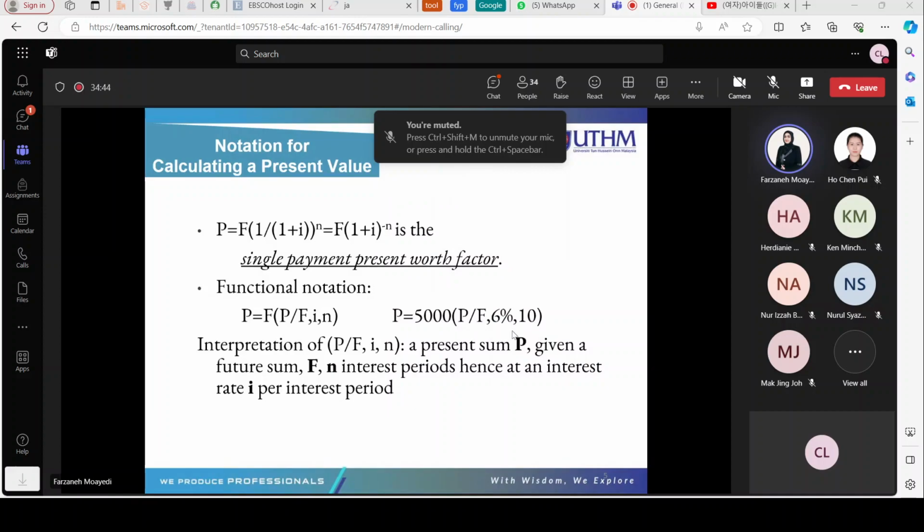If I want to explain functional notation to you in a very simple way, the best definition, it's not actually a definition, it's something I came up with myself, is that it works to me like a GPS. Let's say you are driving and you want to go to a certain location.